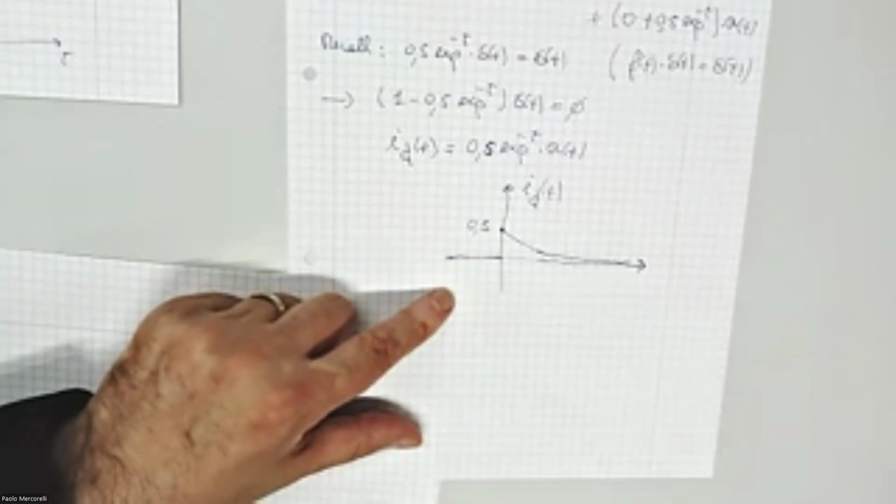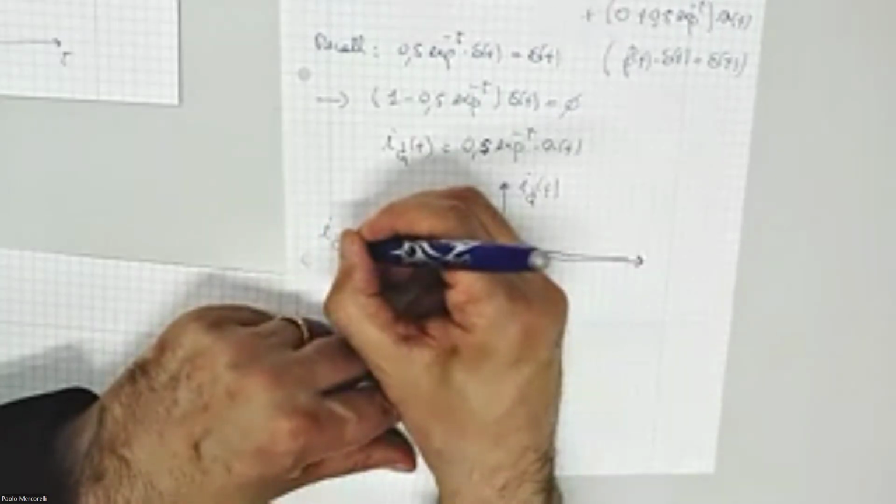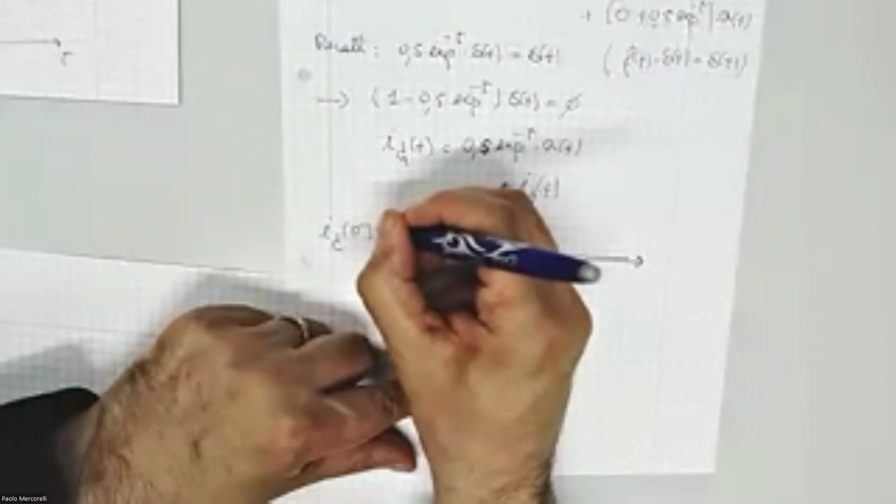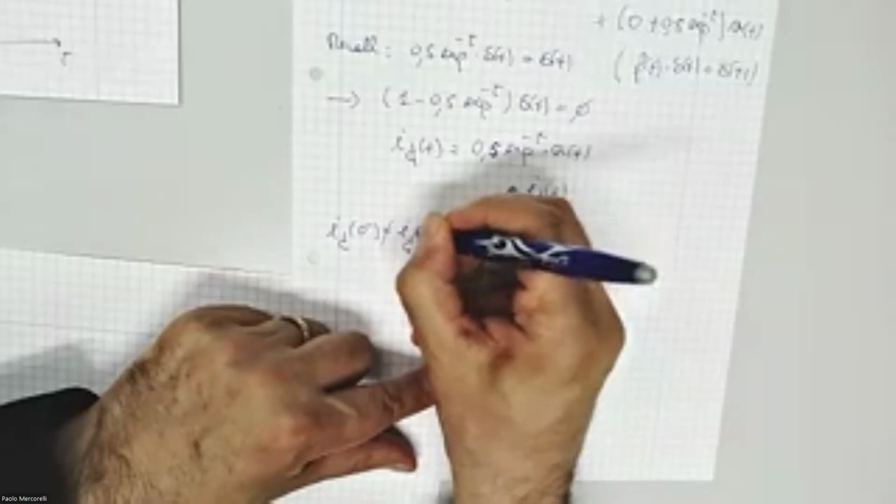We can see that UC 0 minus is not equal to UC 0 plus.